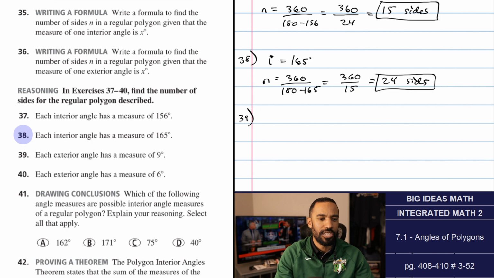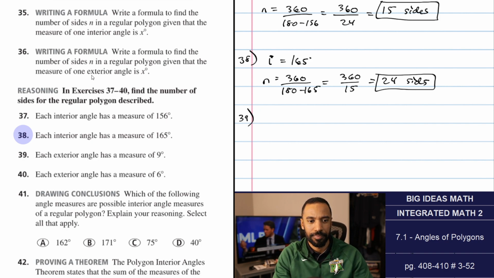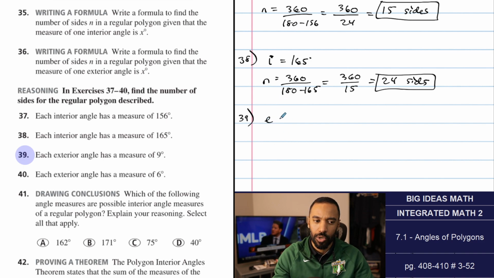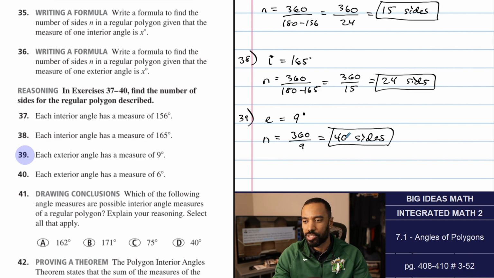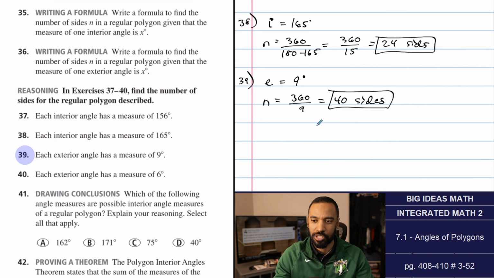All right, each exterior angle has a measure of 9 degrees. This is going to be a lot of sides. So E equals 9 degrees. So this is just going to be 360 over 9, which is 40 sides. Right? Because if I did 360 over 40, I'd get 9 degrees per exterior angle there.